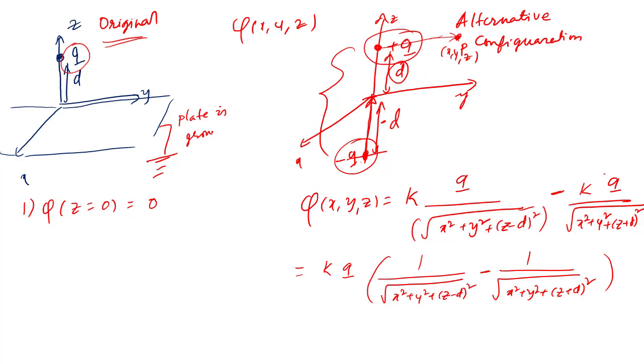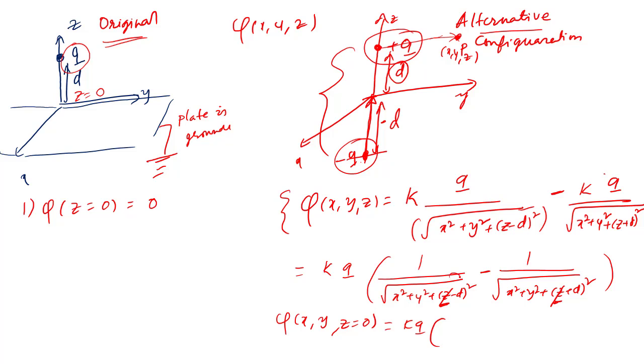So because the plate is grounded and the plate is positioned at z is equal to 0 for the entire xy plane, at z is equal to 0, the potential is 0. Now let's look at this function that we got for the alternative problem. Let's see what is the value of phi of x, y and z is equal to 0. If you look at that, you have kq. So if you set z is equal to 0, this would be 0, this would be 0.